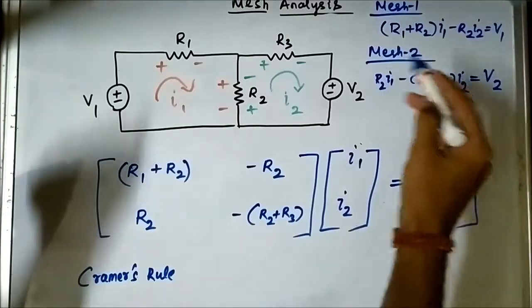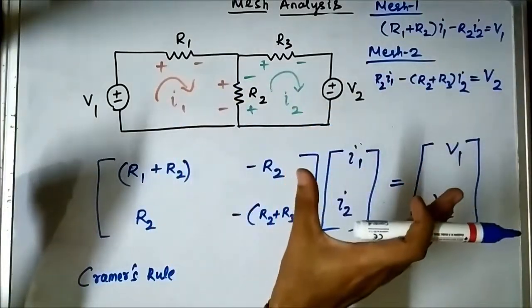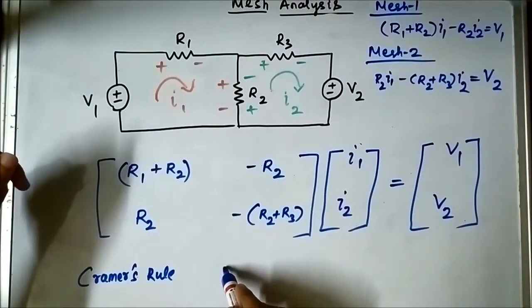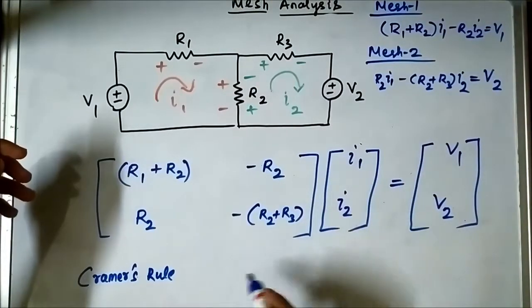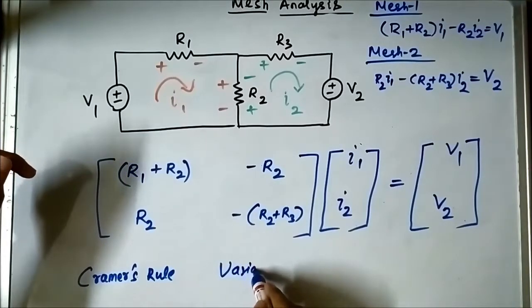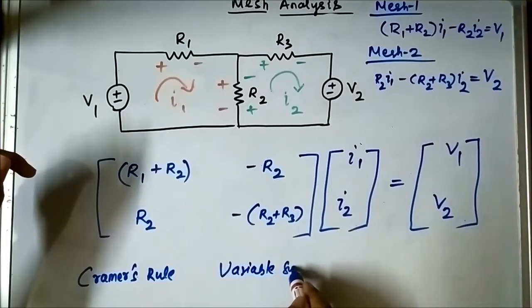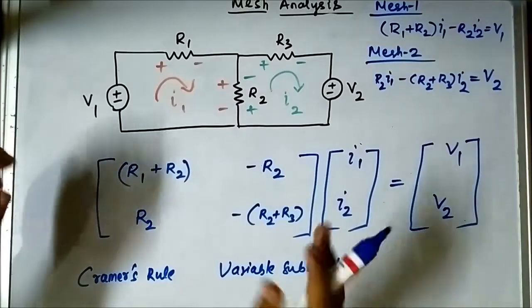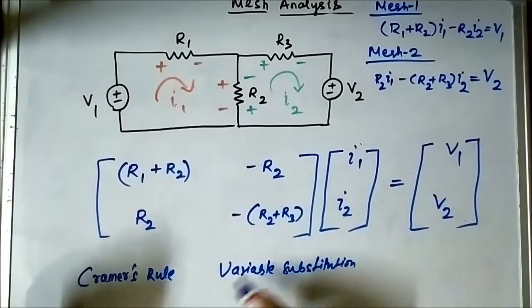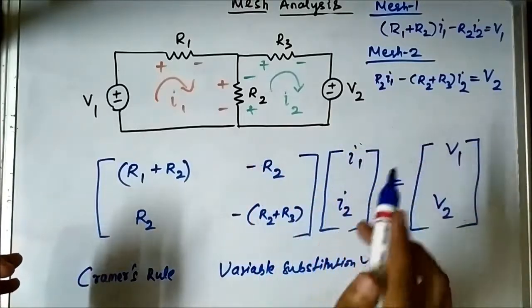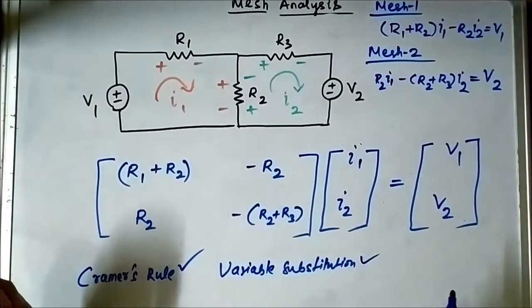But if there are only 2 meshes, that is 2 equations and 2 variables I1 and I2, you can solve it by simultaneous equation variable substitution method. Here there are only 2 meshes, that's why we can use this method. When there are 3 meshes, you can use Kramer's rule.